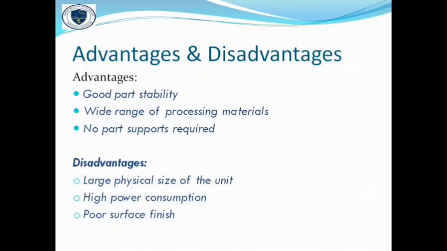These are parts which have been created within a precision-controlled environment. The second one is the wide range of processing materials. That includes nylon, polycarbonates, metals, and also ceramics, which are available, providing flexibility and a wide scope of functional applications.